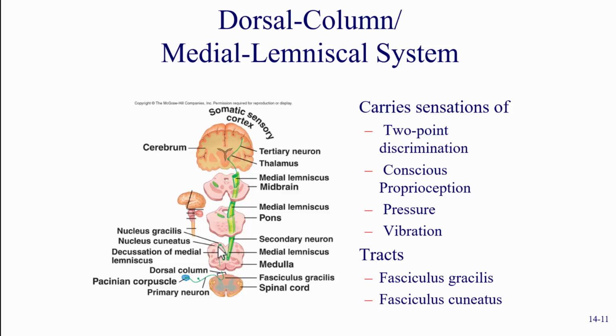I'm sorry, that's the nucleus cuneatus. And it comes over and it hooks up with the secondary neuron, which is the medial lemniscus. And it works its way up through, again, the medulla, the pons, the midbrain, and then eventually connects to the thalamus. And again, a tertiary neuron is going to go to the sensory cortex, the somatic sensory cortex.